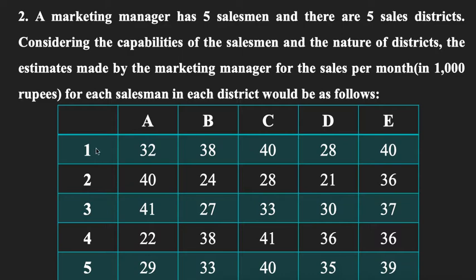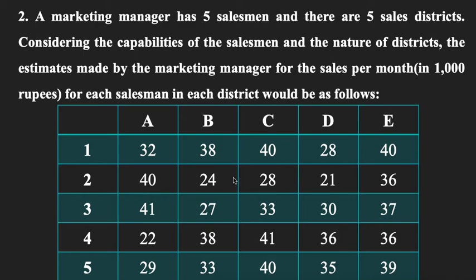Here we are going to take these as salesmen and let these be different five districts. Fine. So from this information, we have to find the assignment of salesmen to the districts that will result in the maximization of sales.